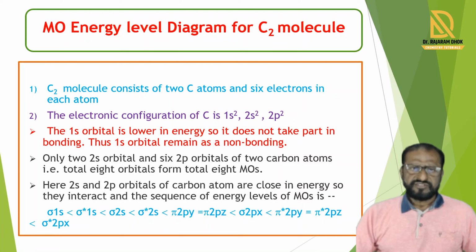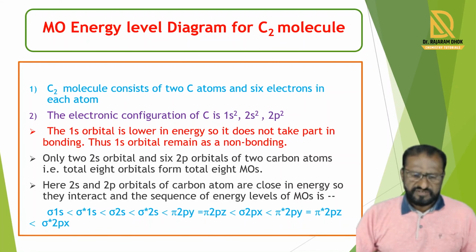Here one atom's 2s and the second atom's 2p interaction is possible, since the energy of 2s and 2p orbital is close.